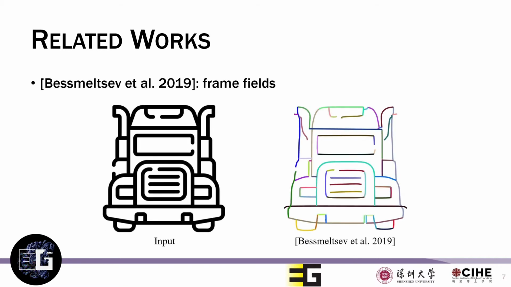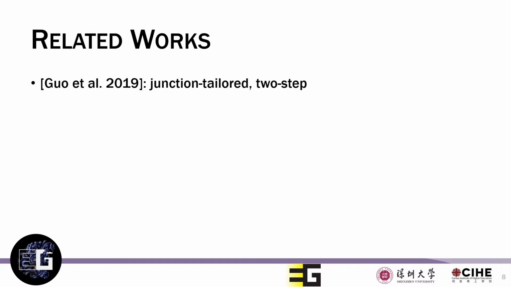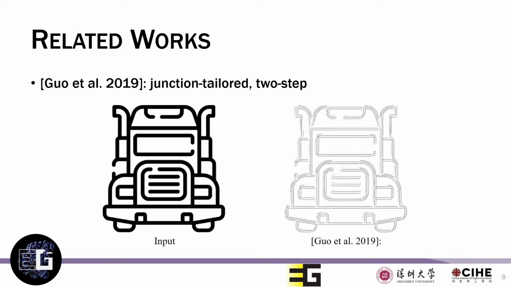Bessmeltsev and others reconstruct the topology and vectorize line drawings based on frame fields. But the method cannot handle thick line strokes properly, sometimes causing double estimation of skeletons. Guo and others proposed to reconstruct the topology of line drawings in a junction-tailored two-step approach.